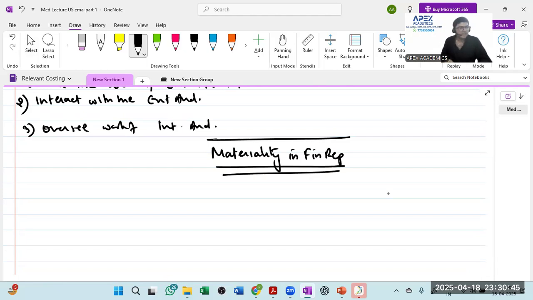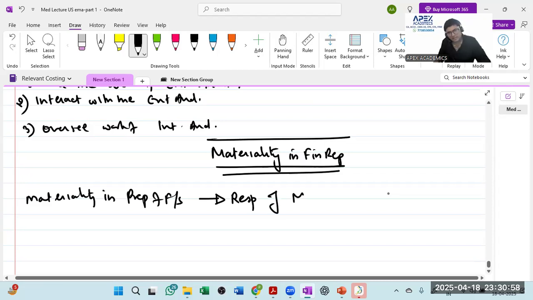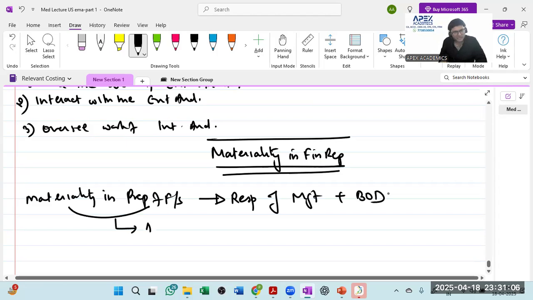Materiality in preparation of financial statements is the responsibility of the management plus the board of directors. In materiality in preparation of financial statements, the audit committee is not involved.